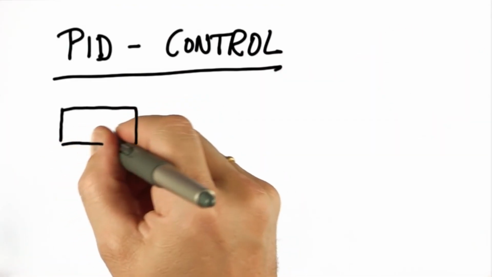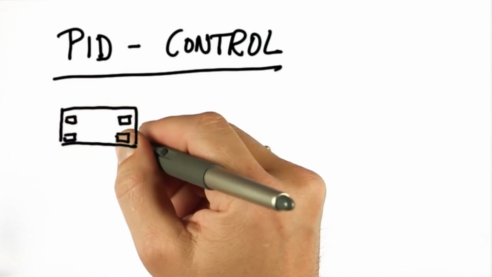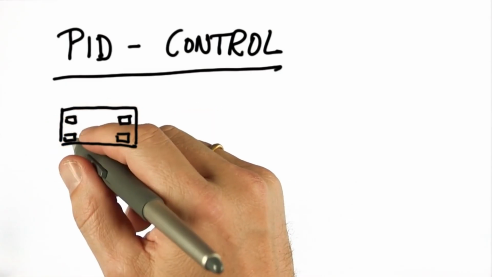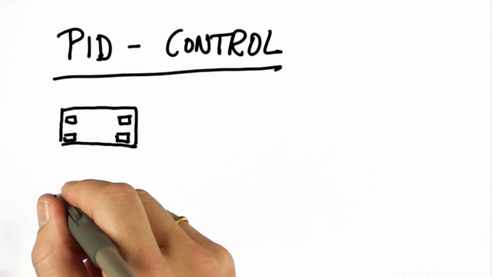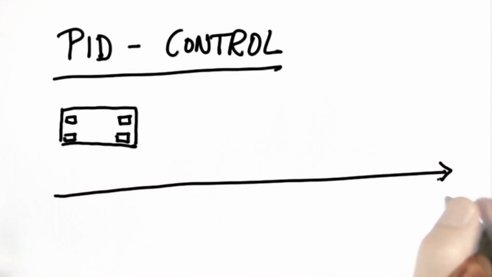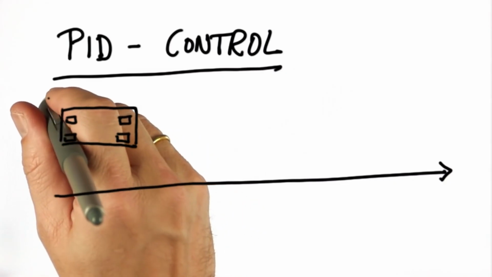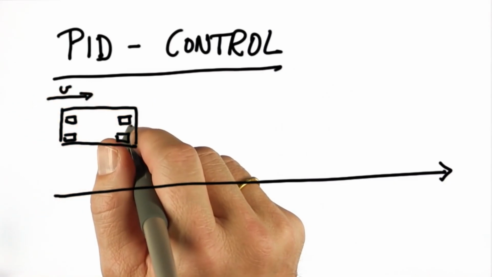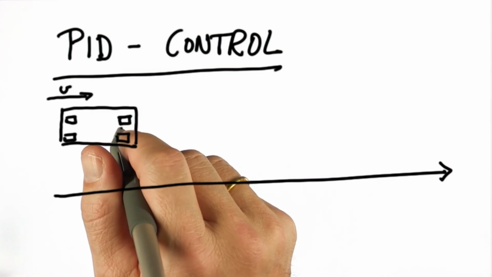So here's the problem. Consider the following car with a steerable front axle and two non-steerable wheels in the back. And say we wish this car to drive along this line, which is the output of our smoother we just discussed. Let's assume the car has a fixed forward velocity, but you have an ability to set the steering angle of the car. How would you do this?